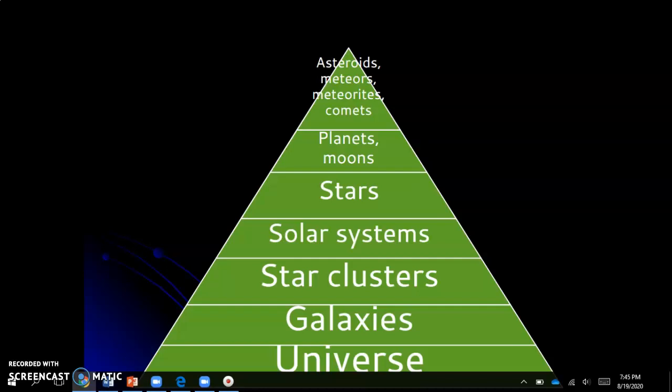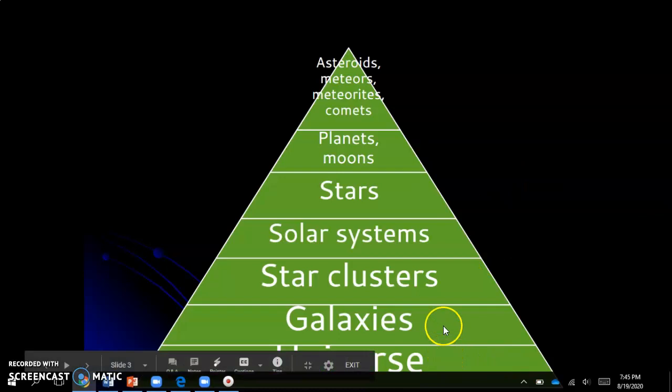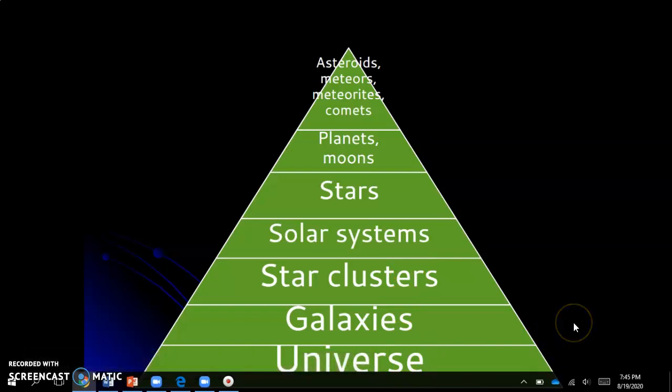So what we see here, this is called, again, the hierarchy of the universe. Basically, you can look at each section and wherever it is, whatever's on top of it basically is included in that thing. So on the very bottom, we've got our universe, which is of course the largest.